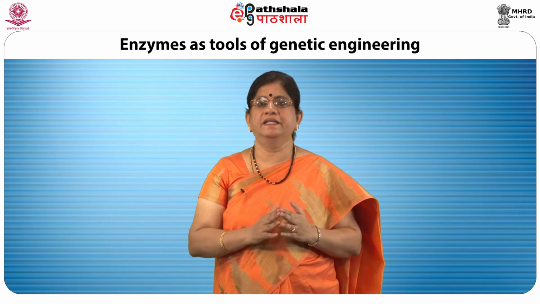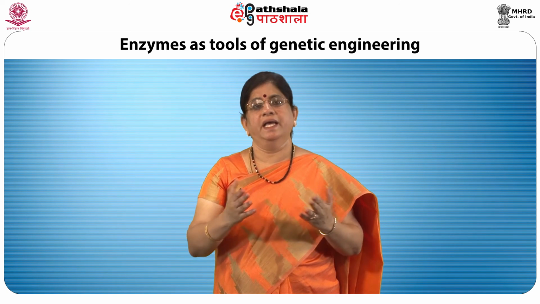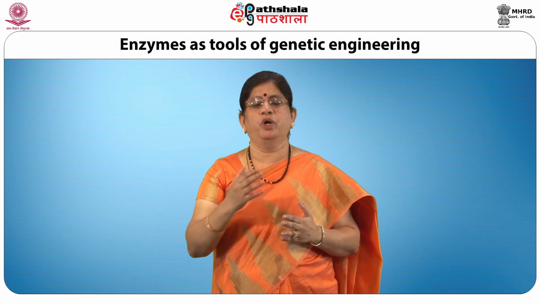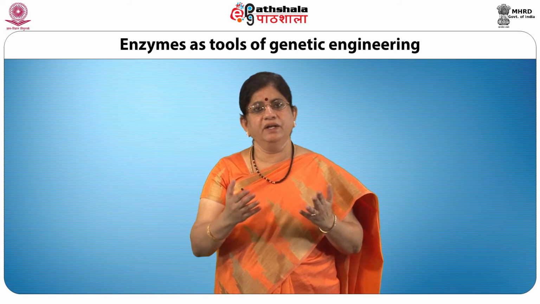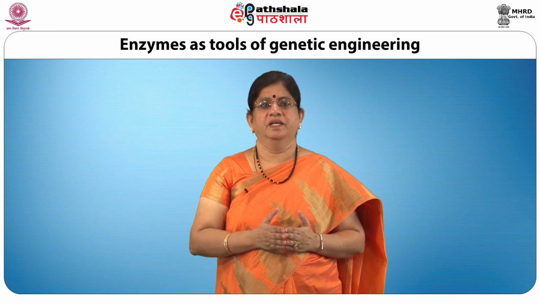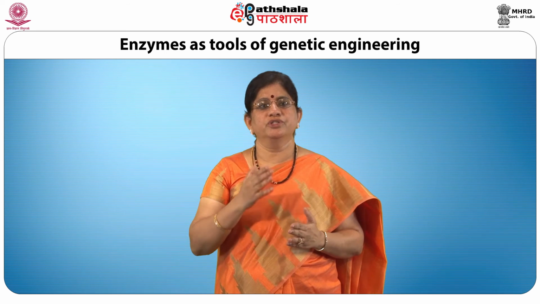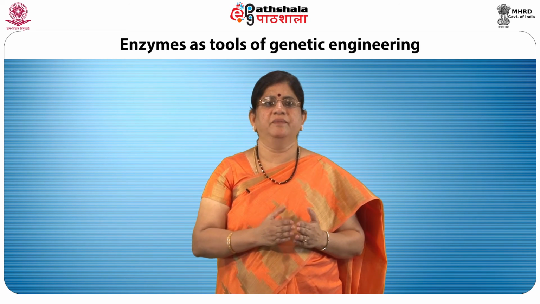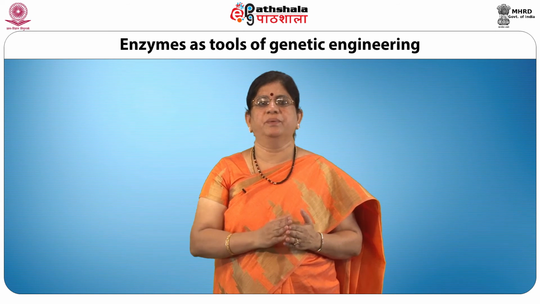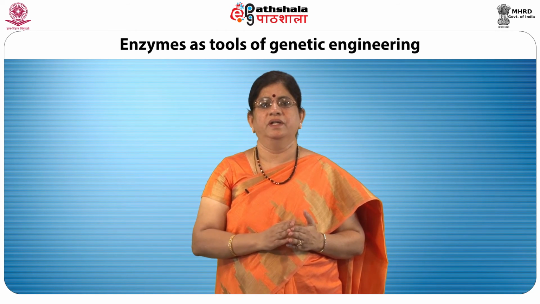It does not ligate blunt-ended DNA except under conditions of molecular crowding with polyethylene glycol, and it cannot join RNA to DNA efficiently. Coming to the most important and commonly used enzyme, namely T4 DNA ligase, which is isolated from bacteriophage T4.